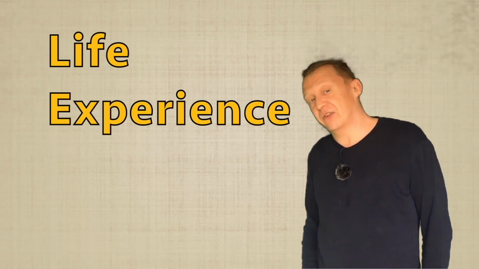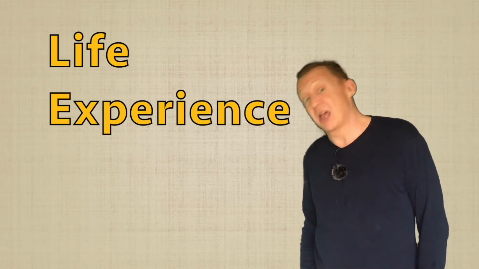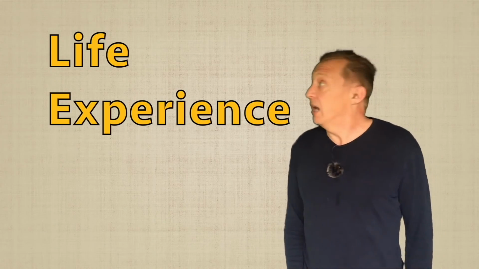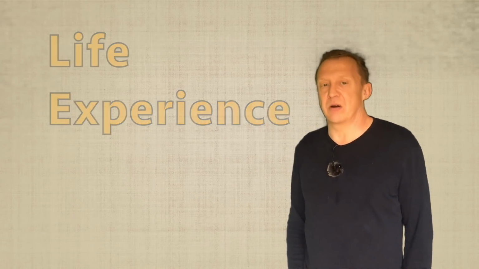So, what do we use the present perfect for? Well, I'll tell you. We use the present perfect for one, life experience. That's the first use. Now, I've had a wonderful life. I've been really busy. I've been all over the world teaching English.